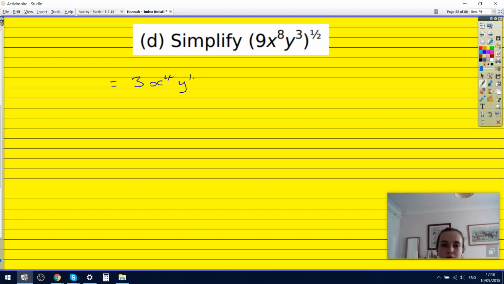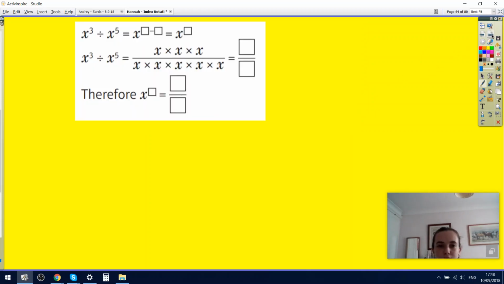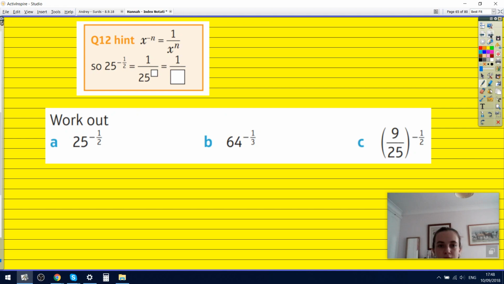Yeah. 0.5, and I'll just write it as y to the 3 over 2. You'll see why in a minute. Okay, I can raise indices with 2 and 3 terms to a fractional power. Tick. We did this one. Let's try this one up here.